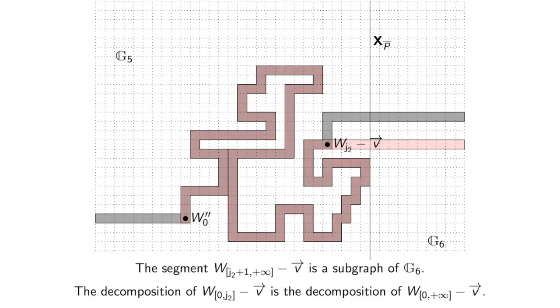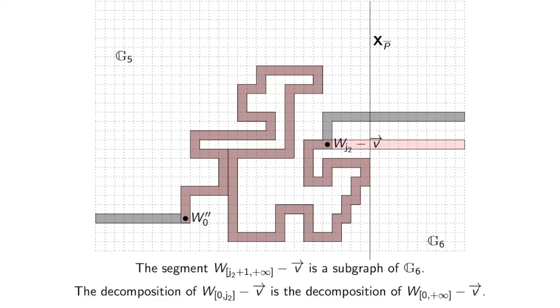Now, consider the window W second associated to the red path and its cut of the grid G5 and G6. Remark that the translation by -V of the segment of the window W from index J2 plus 1 to plus infinity belongs to the graph G6.